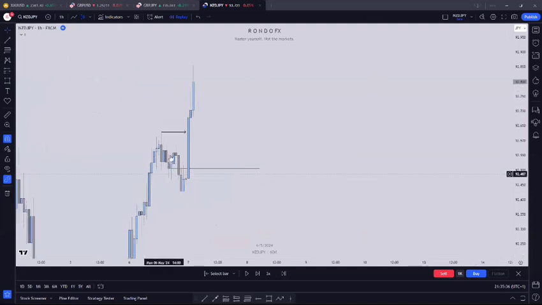We have a sell candle and then we have a buy candle. So that's basically what a support level is. I'm not going to give you the whole logic behind this in this particular session, but this is a valid point for me to buy from.